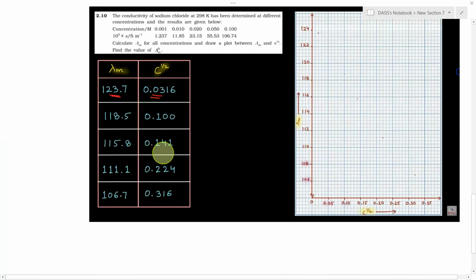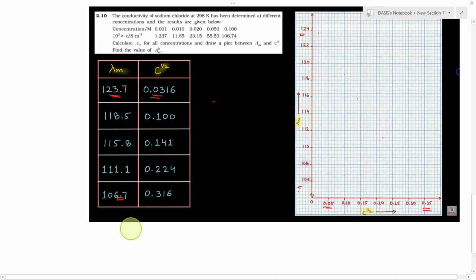The square root of the concentration starts from 0.0316 and ends at 0.316, so the x-axis runs from 0.05 to 0.35. The molar conductivity value varies from 106.7 to 123.7, so let me start with 106 and go up to 124. This is the x and y axis I had made. Let us plot the graph.